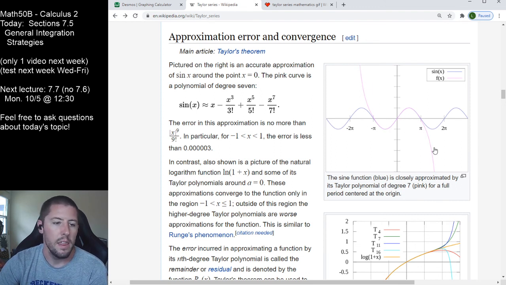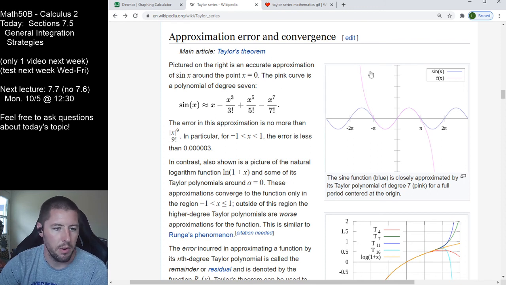You should see here that we've got a negative cubic function that's overlaid on top of the sine function. And this cubic function is doing an excellent job of approximating the sine function, at least from negative pi to pi. It seems that it does much worse elsewhere. Over here, the pink function is a terrible approximation of the sine function, but relatively near zero, it's doing a very good job. And it's got a description of it over here. In fact, I just called this a cubic right here, but it looks like they're graphing a seventh order polynomial.